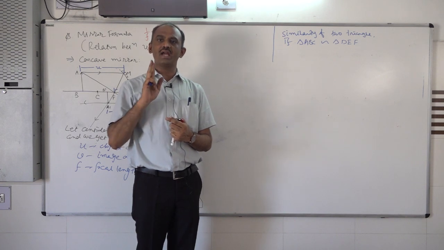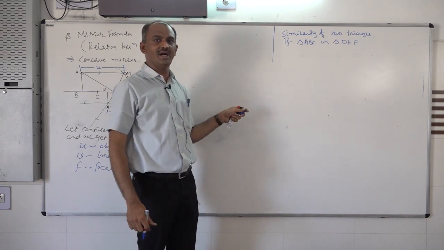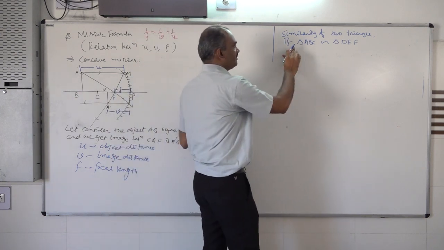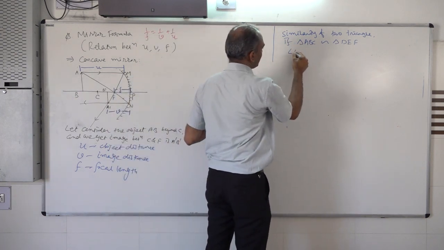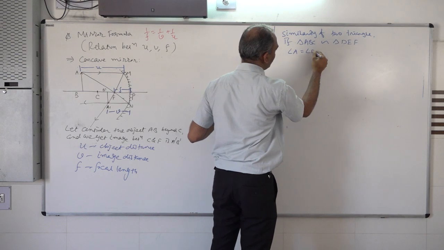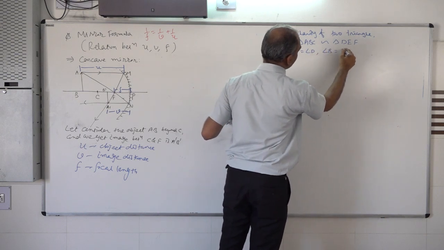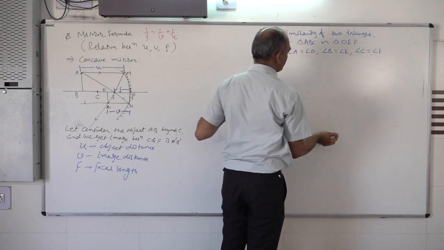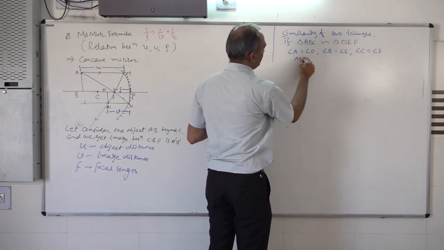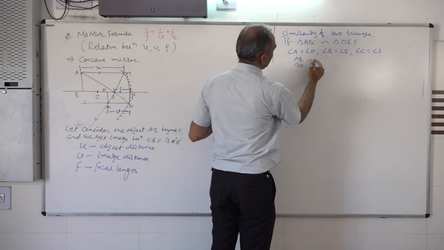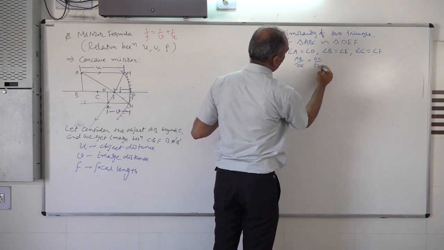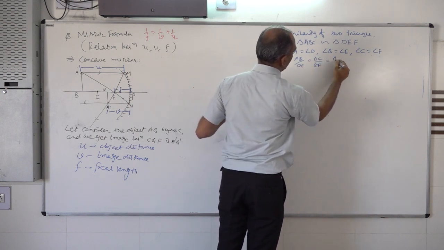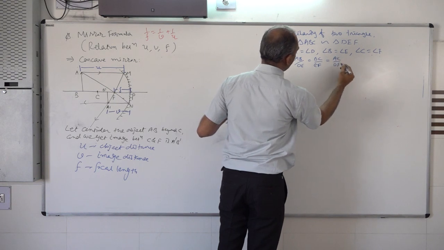Then these two triangles are known as similar triangles. So angle A is equal to angle D, angle B is equal to angle E, and angle C is equal to angle F, and AB upon DE is equal to BC upon EF is equal to AC upon DF.